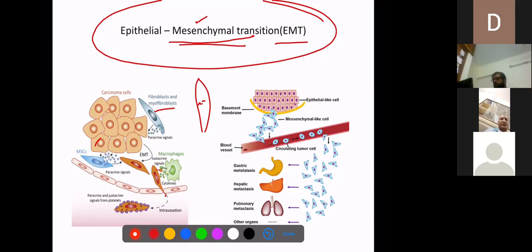There is going to be a signal from the platelets or other blood cells. They intravasate as a spindle cell, and they roam around as a spindle cell. Like epithelial mesenchymal transition, there occurs a mesenchymal epithelial transition when it enters the target organ. It is spindle shaped so that it can easily penetrate and enter the target organs. Once it reaches the target organs, it undergoes a mesenchymal epithelial transition and lodges in the organs and produces metastasis.